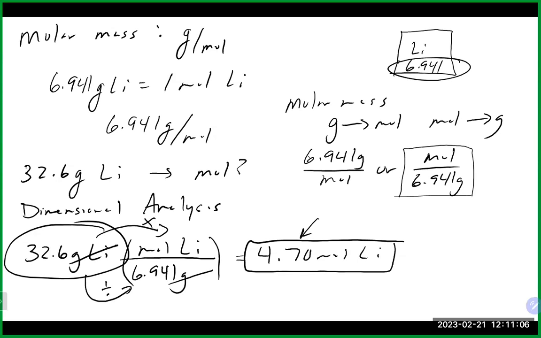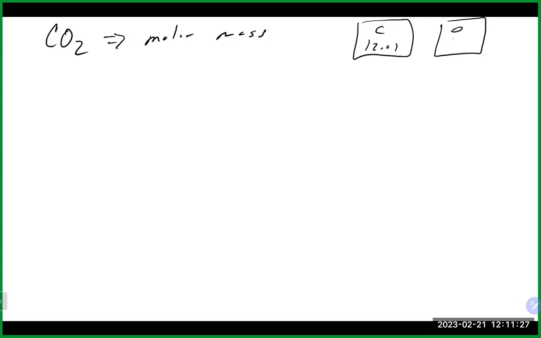Now, if we wanted to figure out something that is more than just one element, we basically just add up everything. So if we had something like CO2 and wanted the molar mass of it, we would go to the periodic table, find carbon, 12.01. We would find oxygen, which is 16. When we pull the molar mass off the periodic table, we usually go to about 4 significant figures.